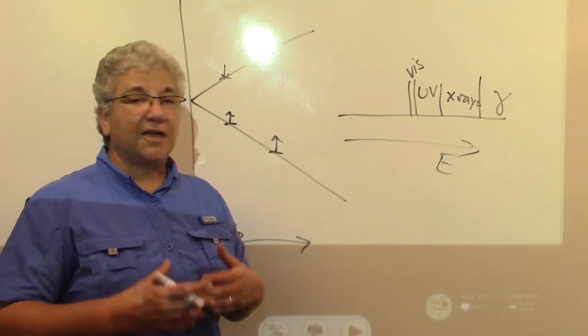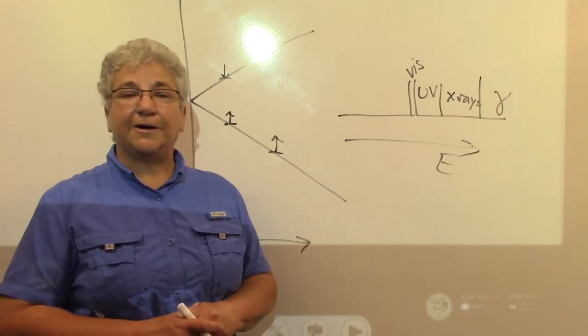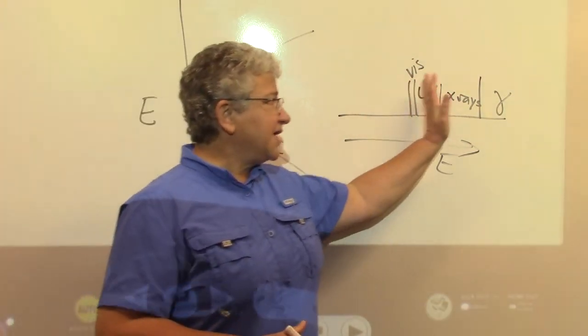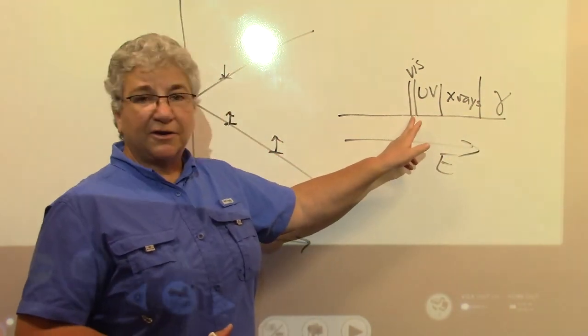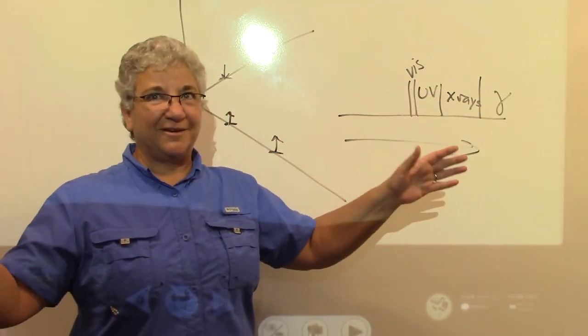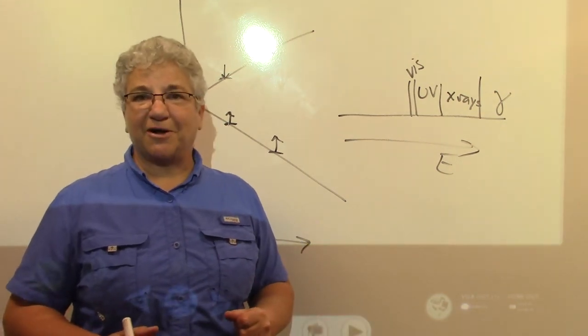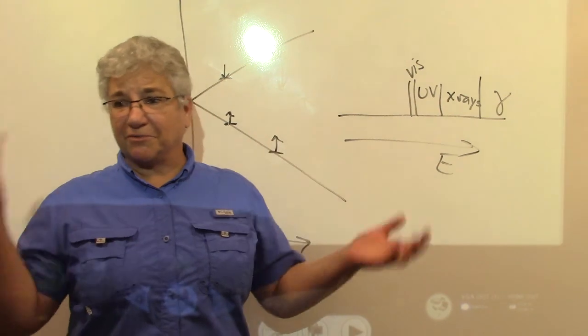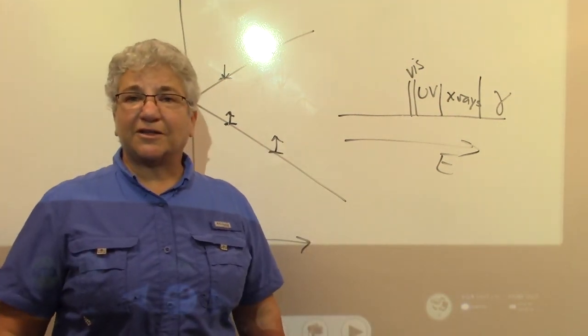UV light can break carbon-carbon bonds, carbon-hydrogen bonds more likely, and so these energies create problems for us. Visible light, thankfully, doesn't create any problems for us, because if it did, we would be rearranging ourselves when we walk outside or when we're in a naturally lit classroom or something.